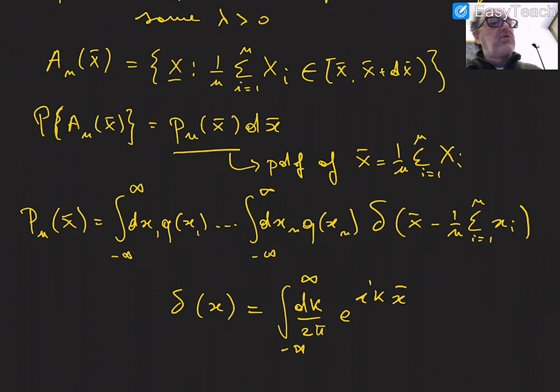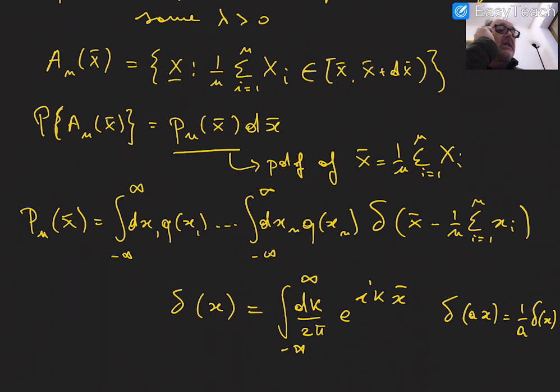And we are also going to use the property that delta of ax is equal to 1 over a times delta of x. So delta behaves as the dimension of 1 over a, like any probability distribution or any PDF.